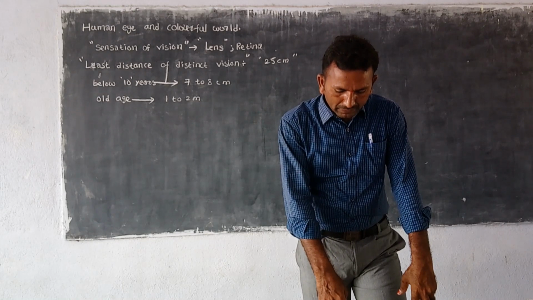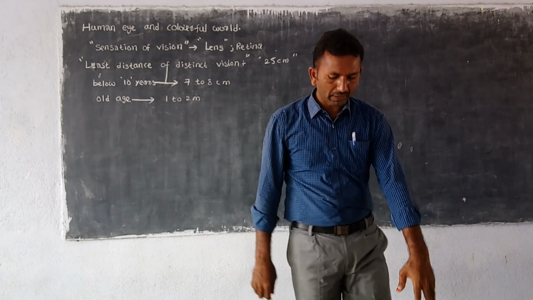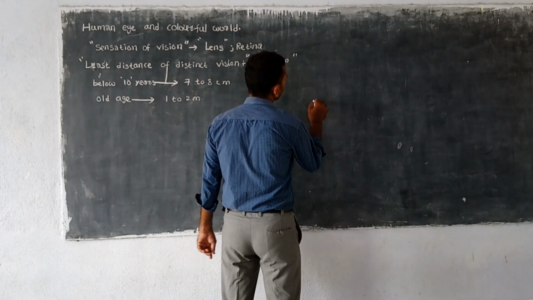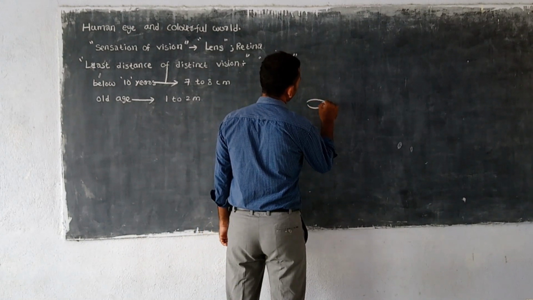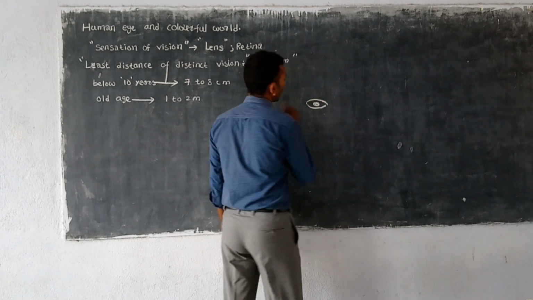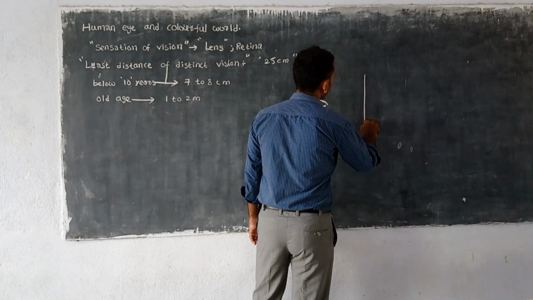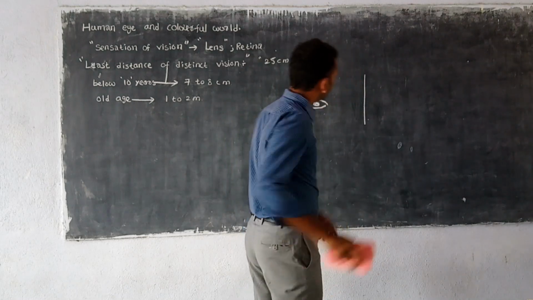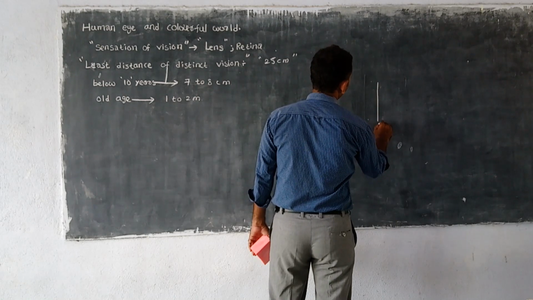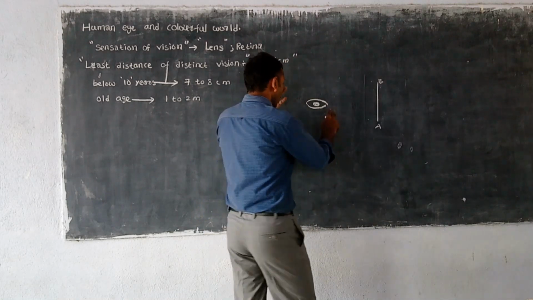With the eye as explained above, let us assume that AB moves closer to the eye to position A dash B dash, as shown in the figure. Let us find out what happens. Just think: take an eye, and we are observing from here, and a rod named AB is here at 25 centimeters.